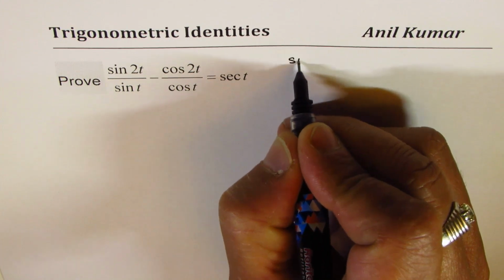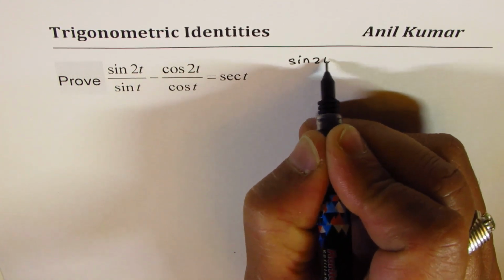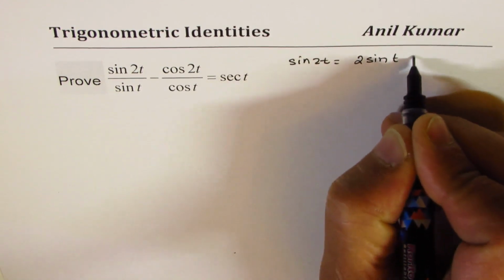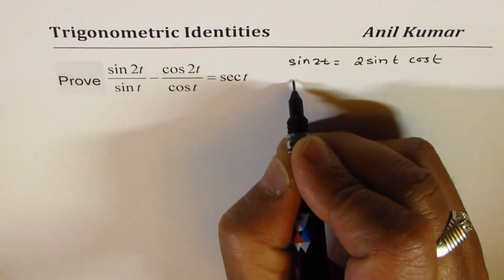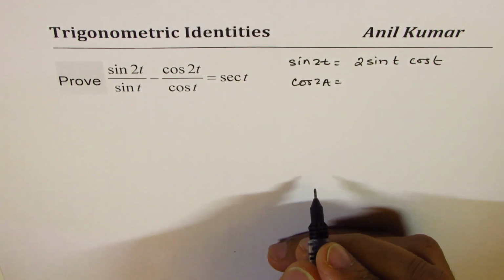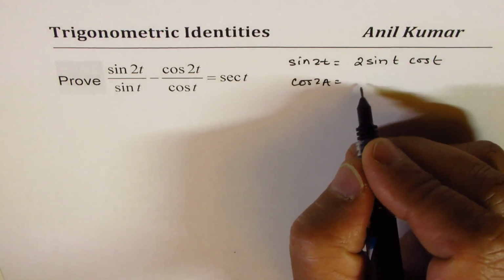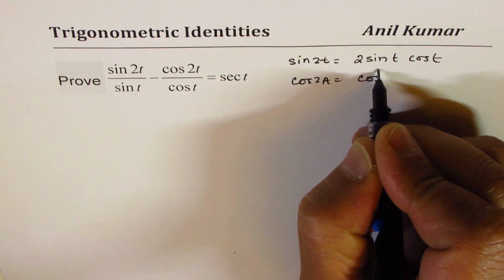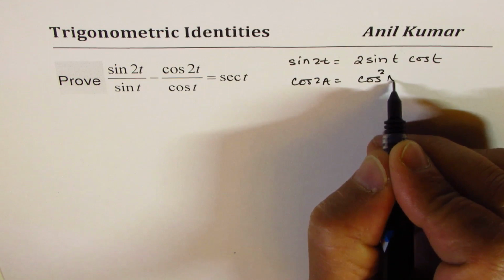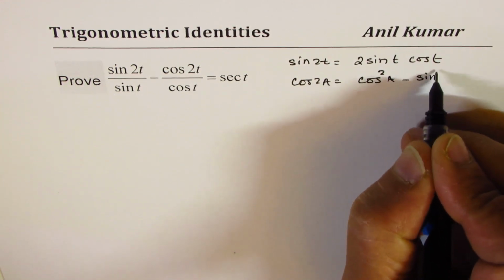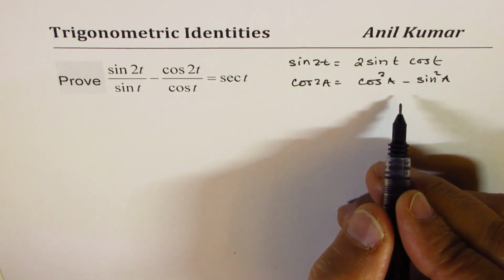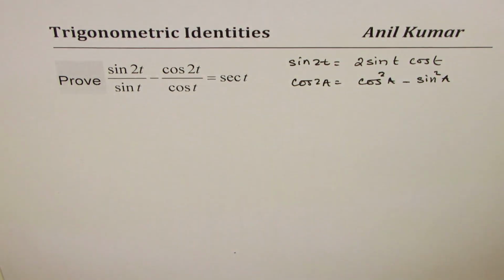The formulas we are going to use: sine 2t equals 2 sine t cos t, and cos 2a could be written as cos square a minus sine square a, correct? There are different forms, it could be used in 3 different forms. I'll use this one.